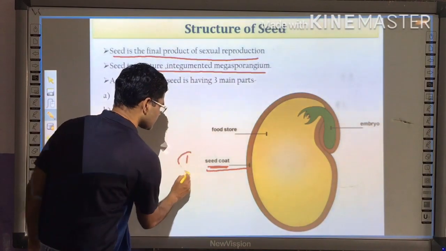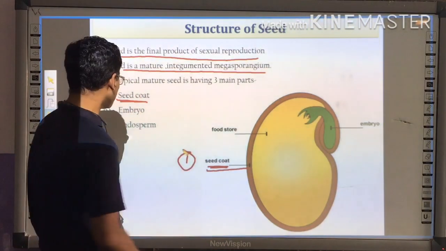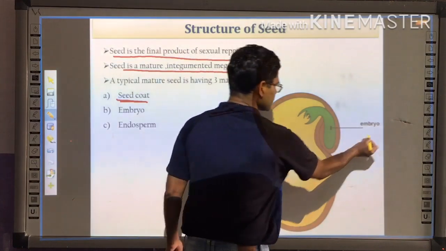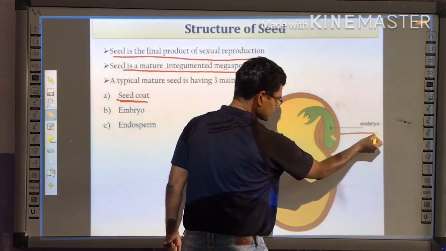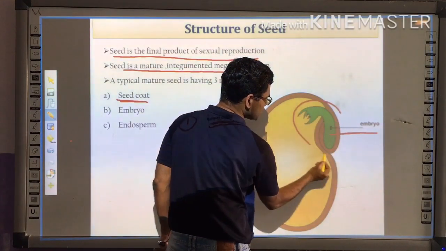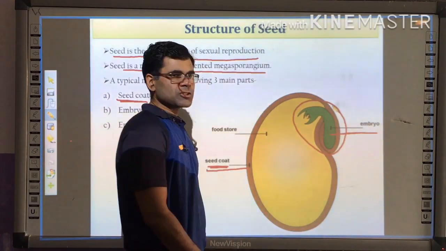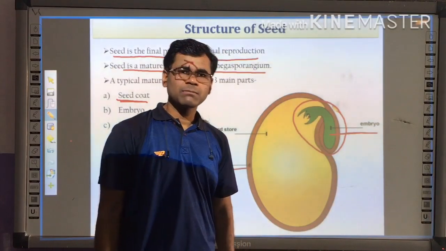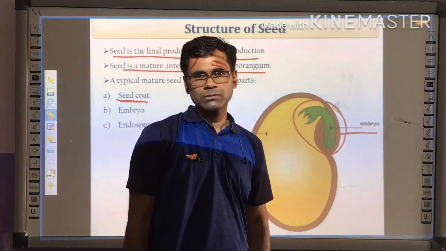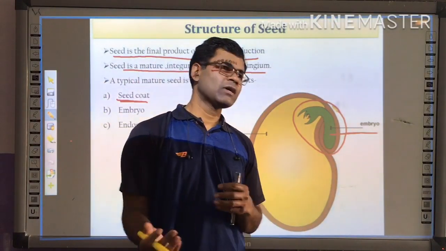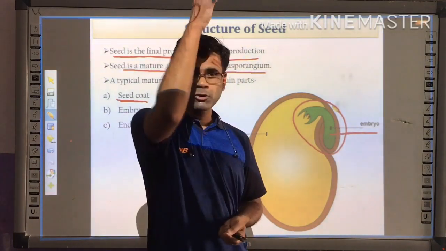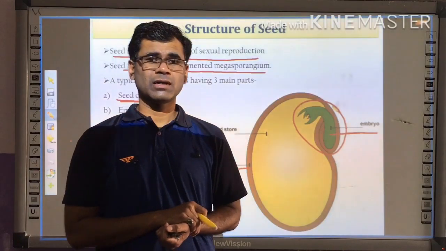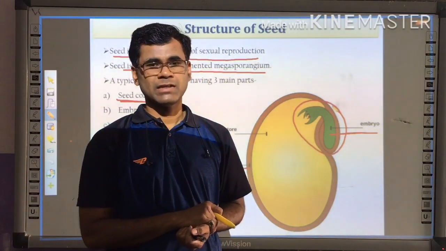First part. Second very important part is the embryo. So if I am talking about the seed here, you can see this is the embryo, a very small structure. This embryo has plumule and radicle. Plumule to radicle is called the embryonal axis, which we have studied about.